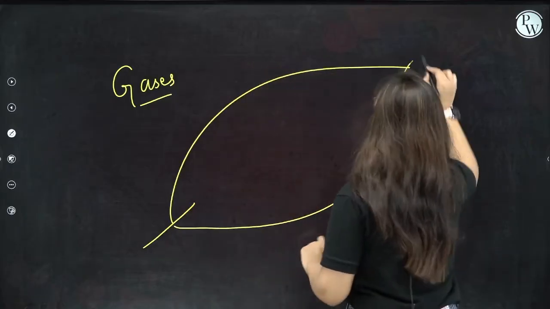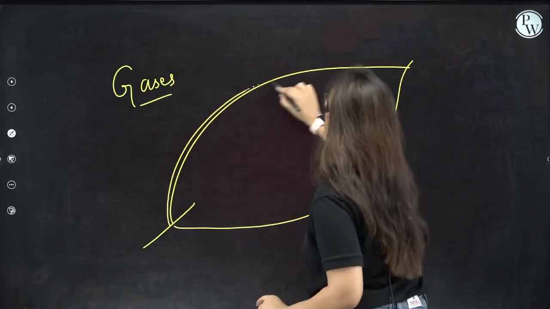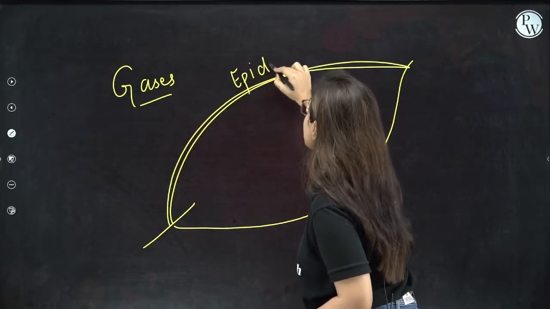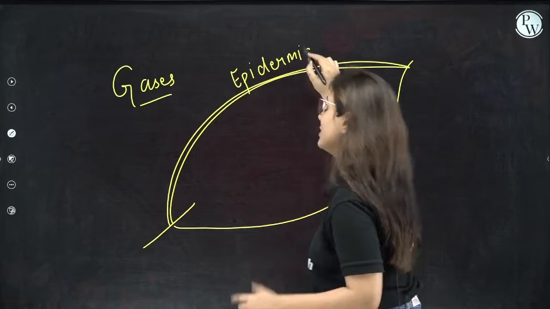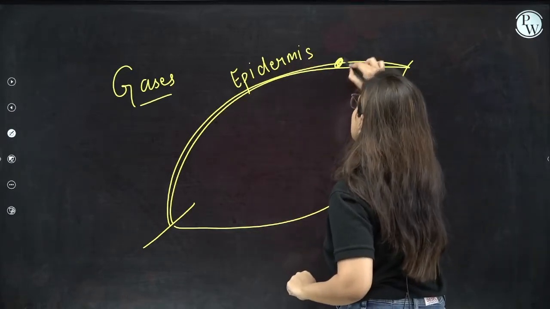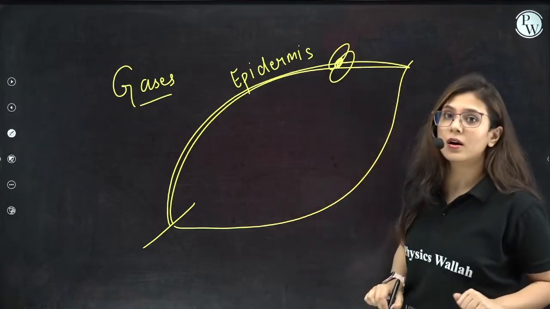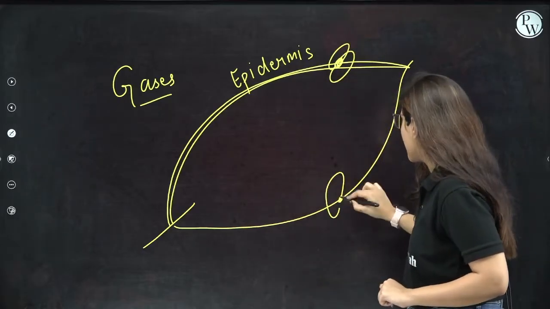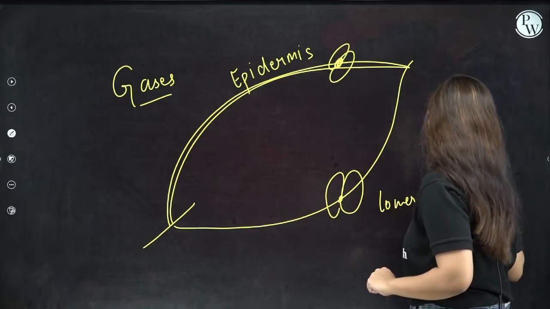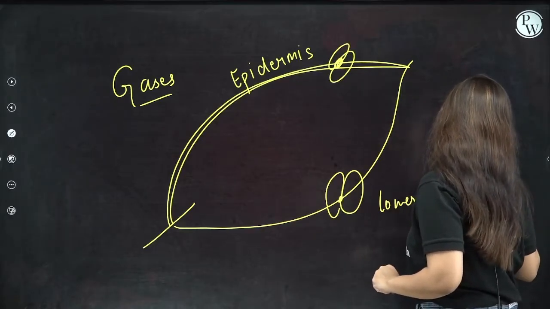So, basically, on the outer layer of leaf, there is a layer called epidermis. It is like a protective tissue, outer skin of the leaf, and this epidermis has pore-like structures, which we call as stomata. Now, these pore-like structures are present in large amount on the lower epidermis of leaf, but they are responsible for the transportation of gases.